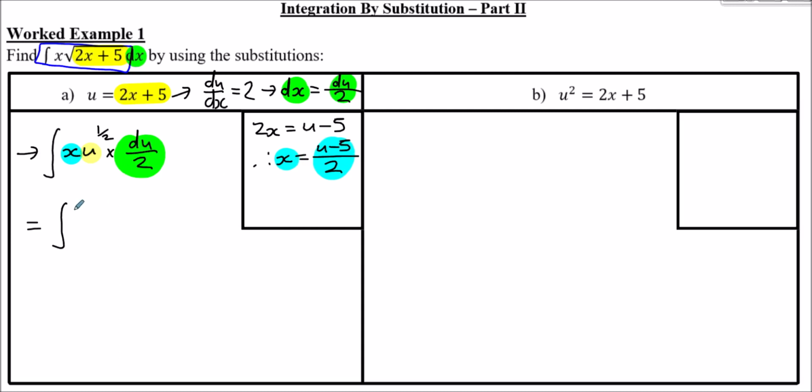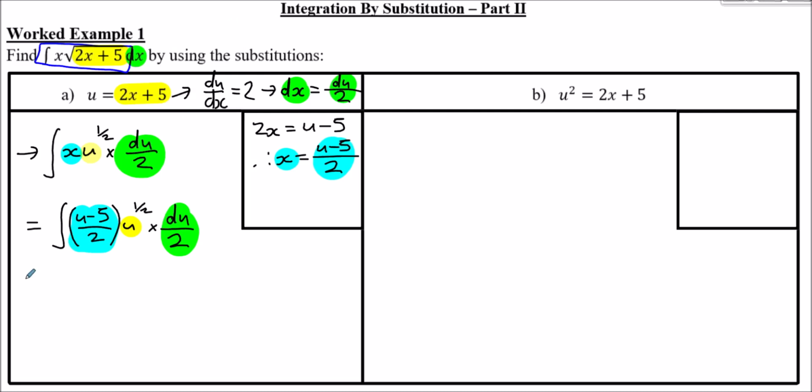So x is, whoops, silly me, x is u minus 5 over 2, u to the 1/2 times du over 2. So dx been replaced, 2x plus 5 subbed for u, and then x in terms of u is u minus 5 over 2.